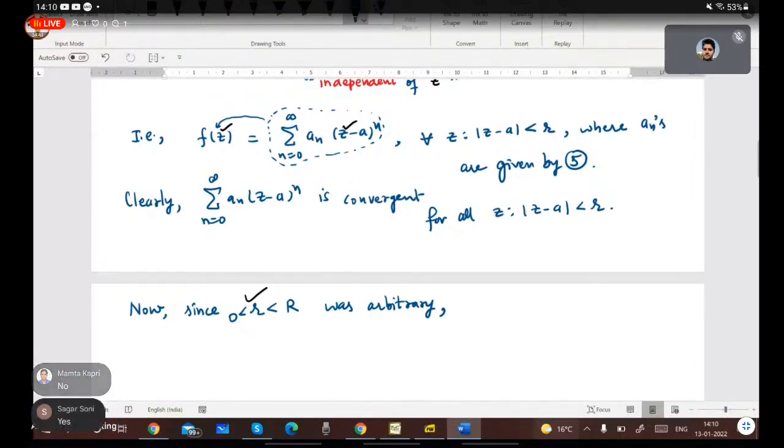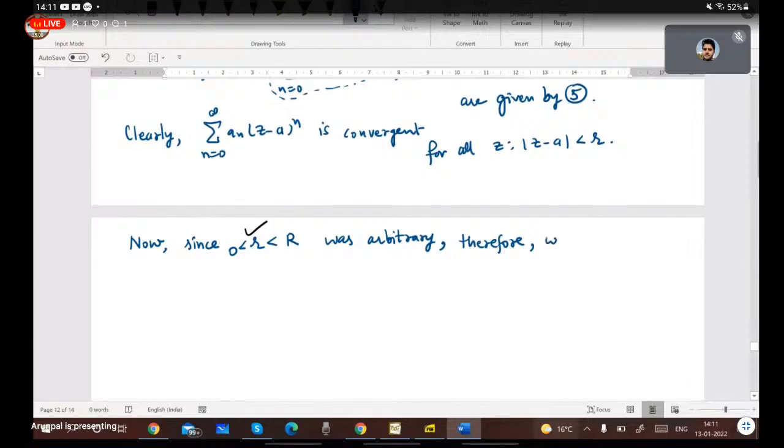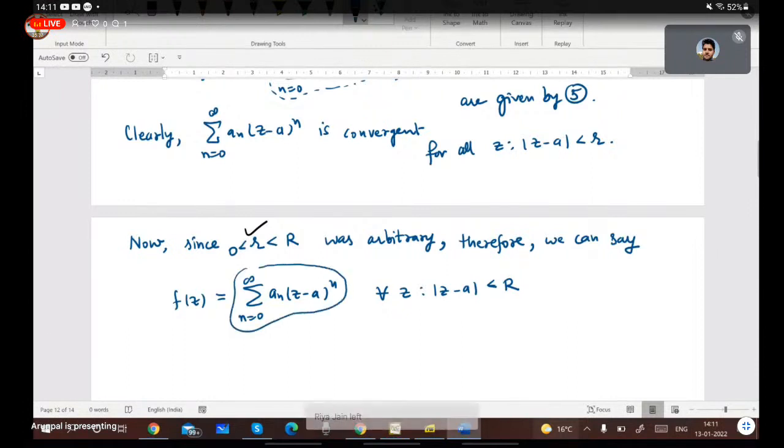I took any number smaller than capital R. Therefore we can say that summation a_n (z minus a) to the power n equals f(z) for all z such that |z minus a| is less than R. So I can extend this small r up to capital R. It means this series is converging for all those z which satisfy this condition. Is this okay, class?